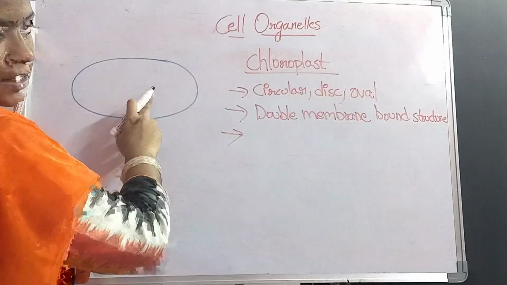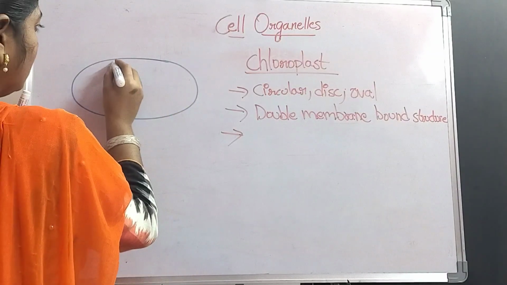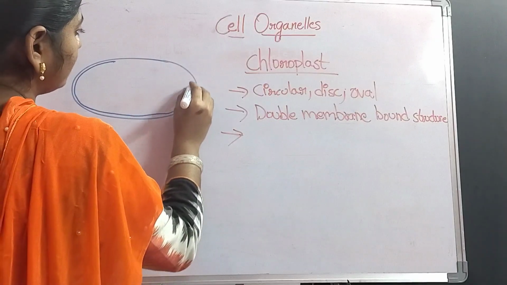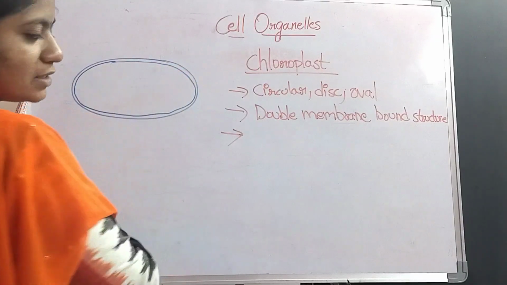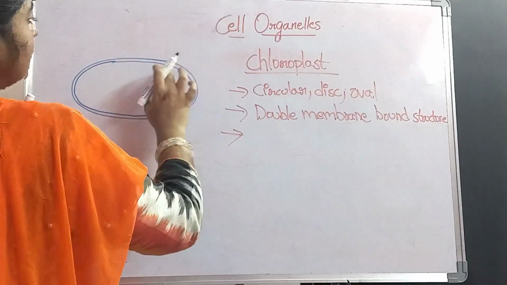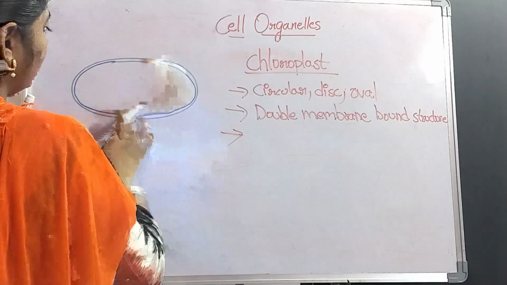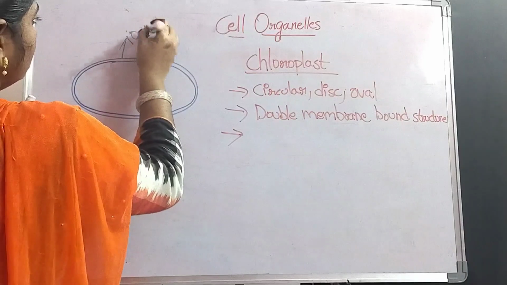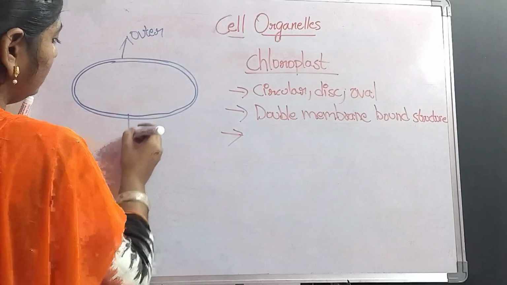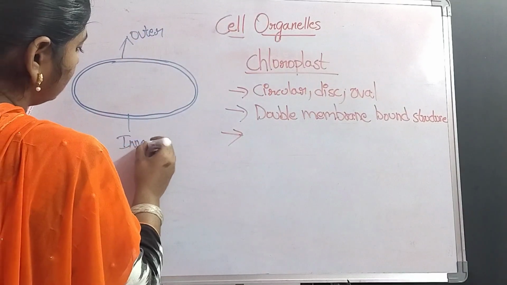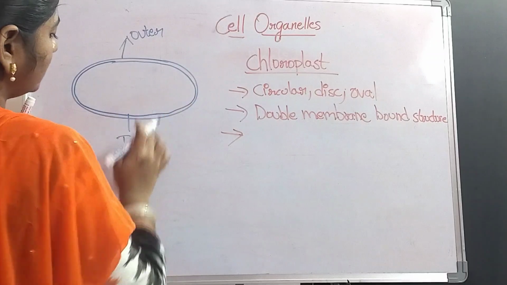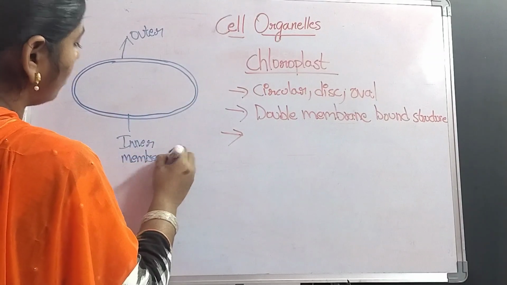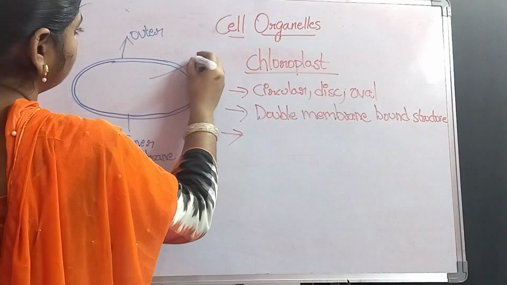The chloroplast is oval shaped or circular shaped, and it is a double membrane bound structure, containing two membranes. This is the outer layer and this is the inner layer. The space which is created by the inner membrane is called stroma.